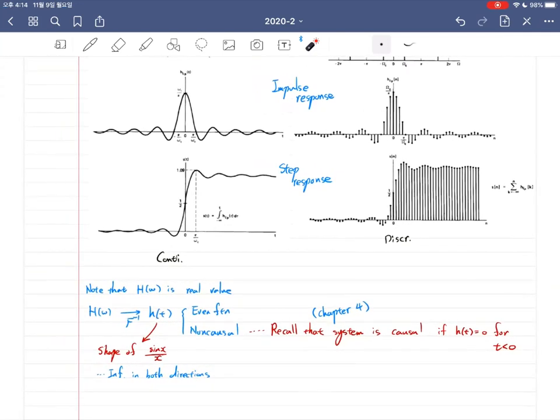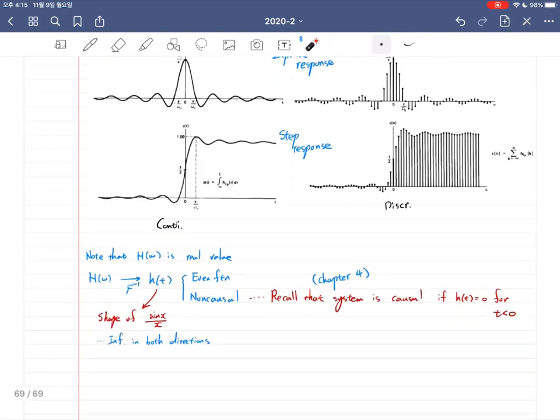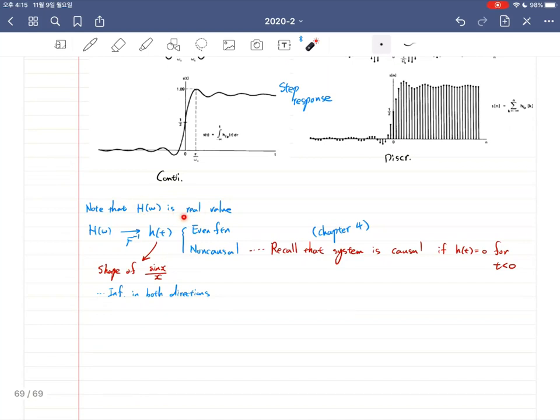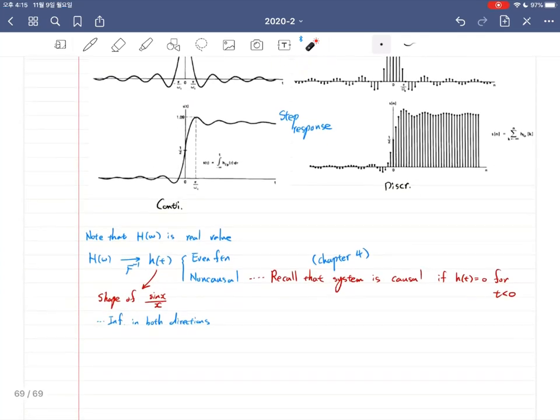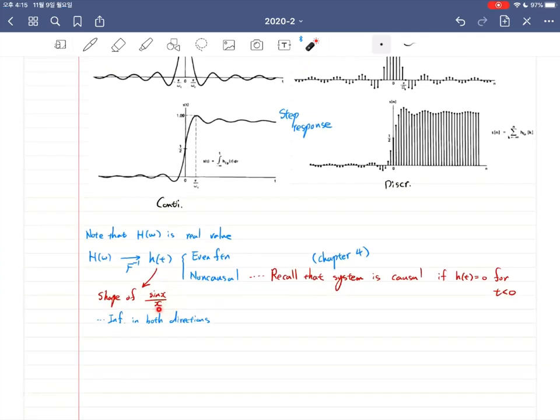Okay, so the reason why this impulse response is a shape of sine x over x and also has infinite direction for both is because this H of omega is a real value and it's in the shape of a rectangle. That's the reason. If you do the inverse Fourier transform, then this shape and the real value property cause this sine x over x and infinite values for both sides.